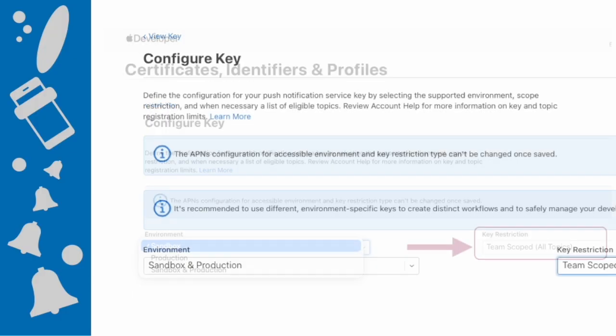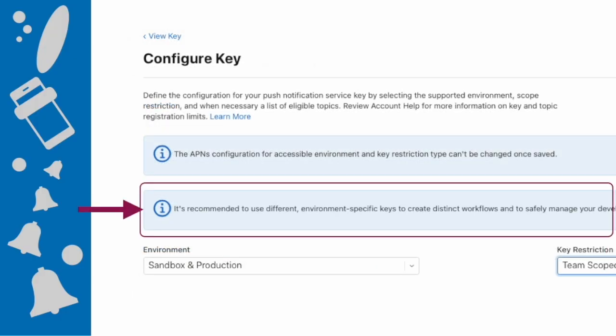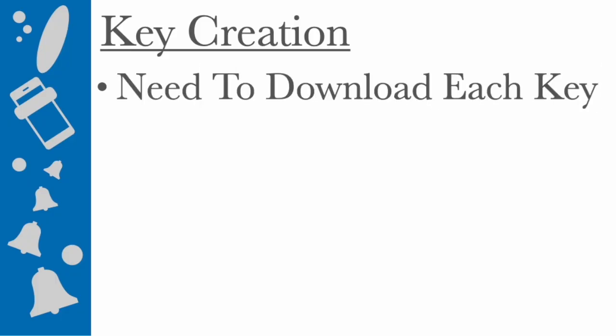Now, what I want to talk about is, if you'll notice my environment, I have both sandbox and production selected, and you'll notice from Apple, it is telling you right off the bat that that is not recommended at all, okay? So keep that in mind. Now, once you are done with all of this, you need to actually download each one of your keys, production and development.